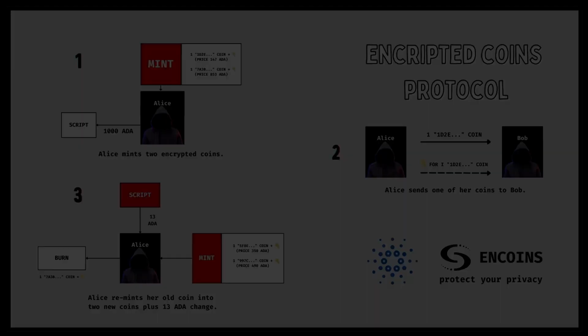A user can do an ENCOINS transaction and mint several tokens at the same time, while depositing some funds into the protocol. And then later, the owner of the token can redeem it for the value that is encoded in the token. And this is the base protocol.